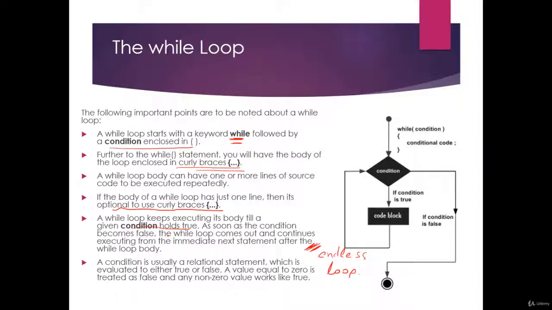In this case we have a bug, something that keeps our program stuck. It's something we should consider when we are trying to debug our program. Finally, a conditional is usually a relational statement which is evaluated to either true or false. A value equal to 0 is treated as false, and any non-zero value works like true.